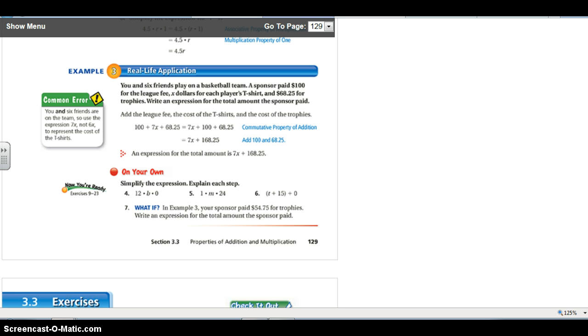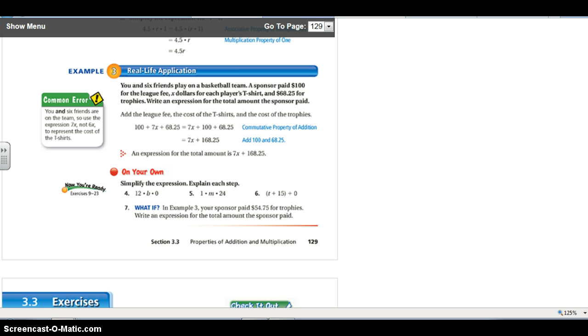Change it into the commutative property of addition, and then simplify it, and that's your answer. So if you would please do numbers 4 through 7 on your own and come back for the answers.